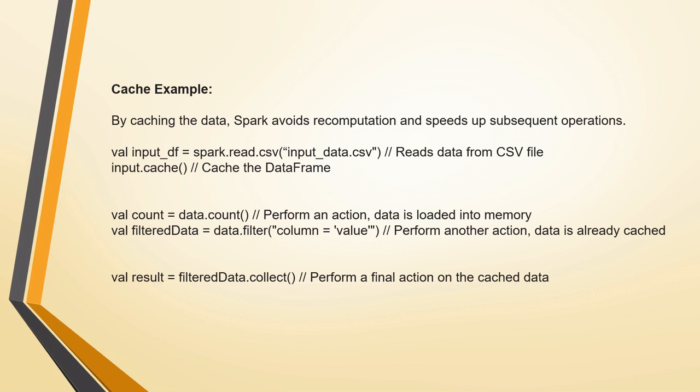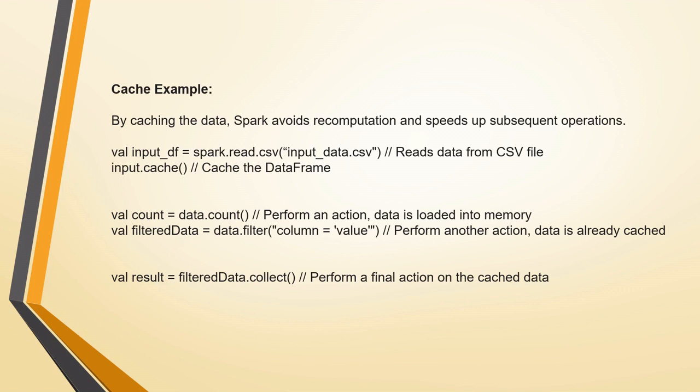Okay, let's take an example. Here we are creating a data frame by reading a CSV file, and then we are doing the cache here. Sorry, here it should be input df dot cache. Once you cache that data frame, it will hold the data frame in memory, and whenever you perform any action or transformation on that data frame, it will not recompute again.